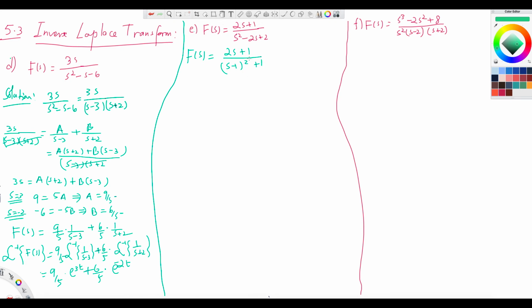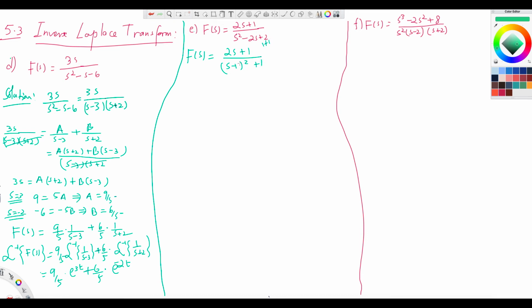If you FOIL s minus 1 times s minus 1, you get s squared minus 2s plus 1. But there is a 2, so you can write 1 plus 1, use one 1 for the square, and the extra 1 is still there.